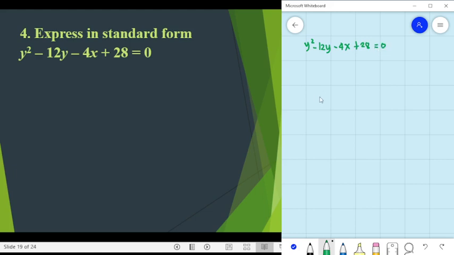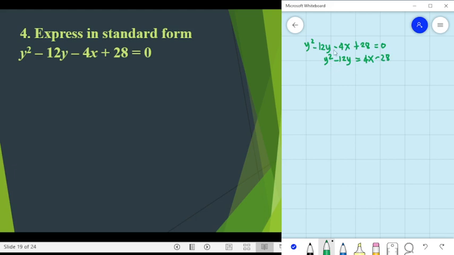Okay. So, rearranging, we are going to add both sides with 4x minus 28, so that the left side has y squared minus 12y, is equal to negative 4x becomes positive 4x, and positive 28 becomes negative 28.